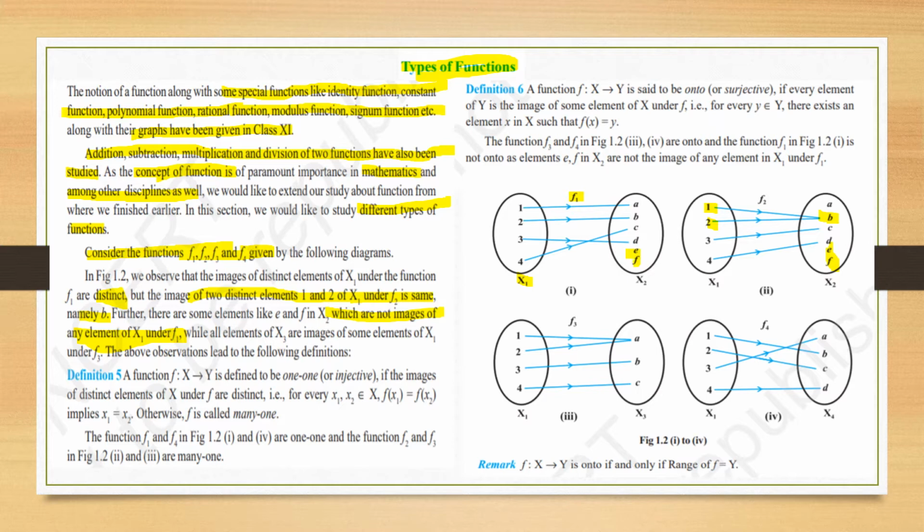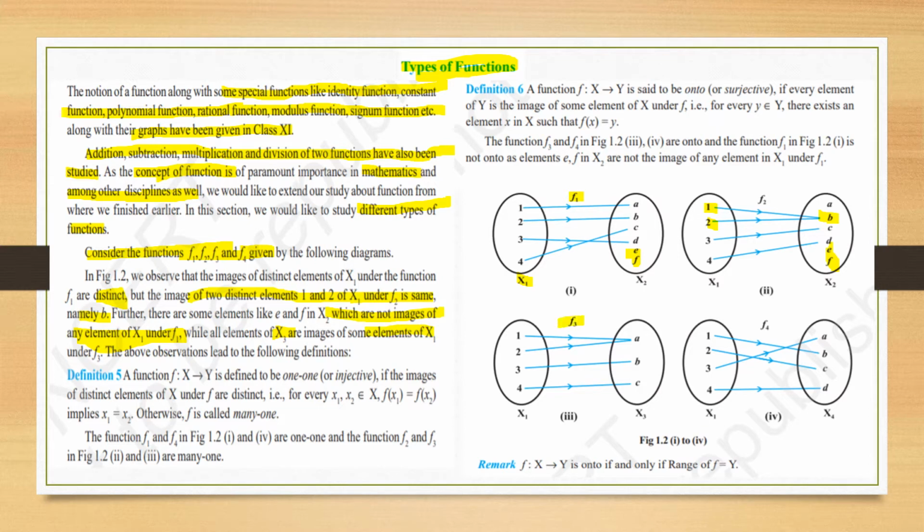Here also E and F are not having any pre-image, while all elements of x3 are images of some elements of x1, see from here.